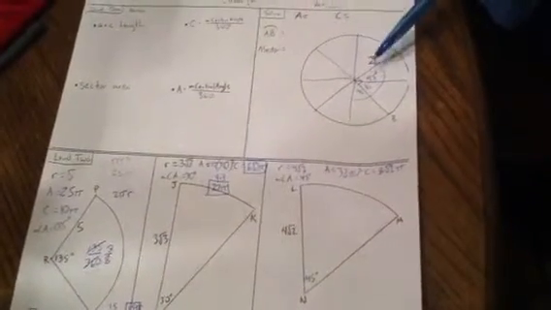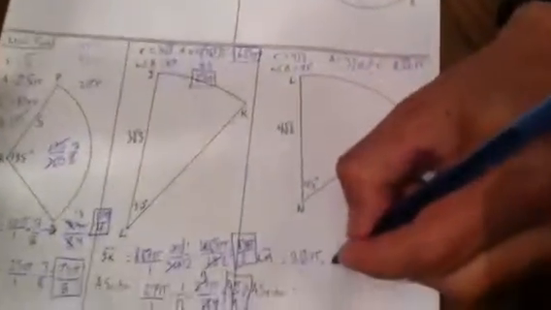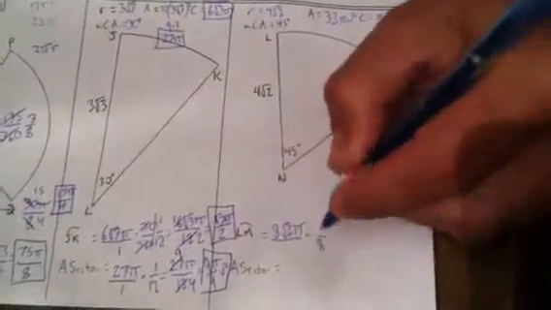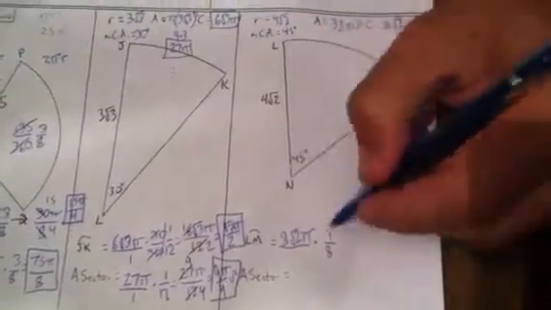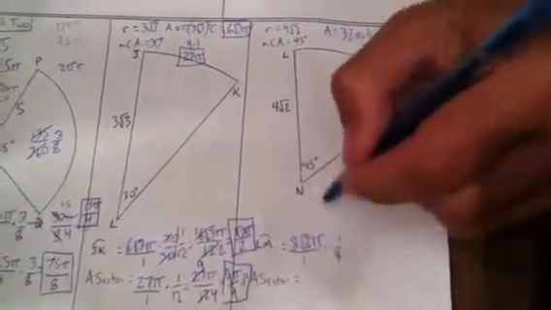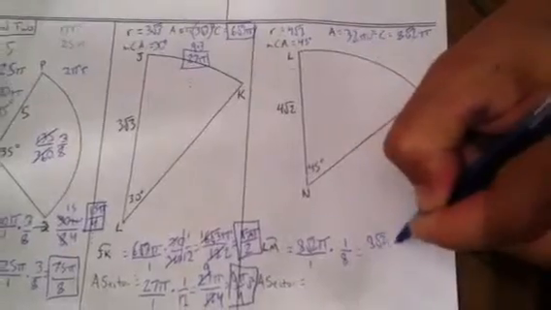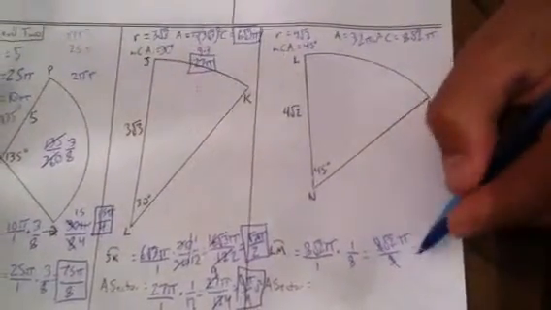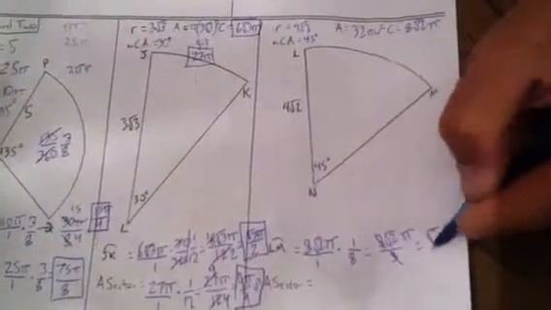So the 45 over 360 reduces to 1 over 8. So 1 over 8 represents our central angle over 360. I'll put the 1 there to keep it balanced. That of course gets me 8 square root of 2 pi over 8. These 8's cancel, getting me the square root of 2 pi.